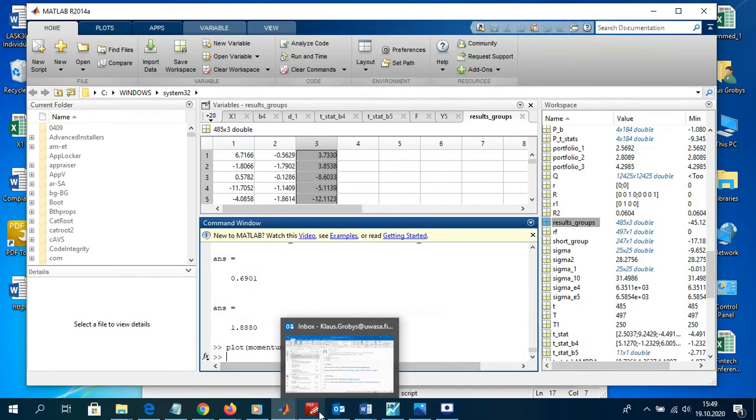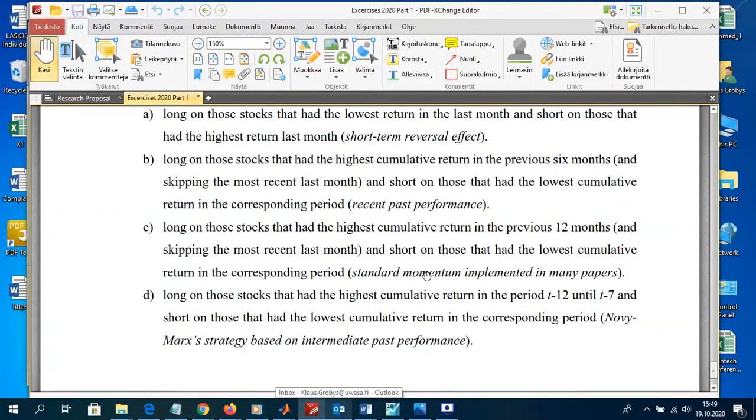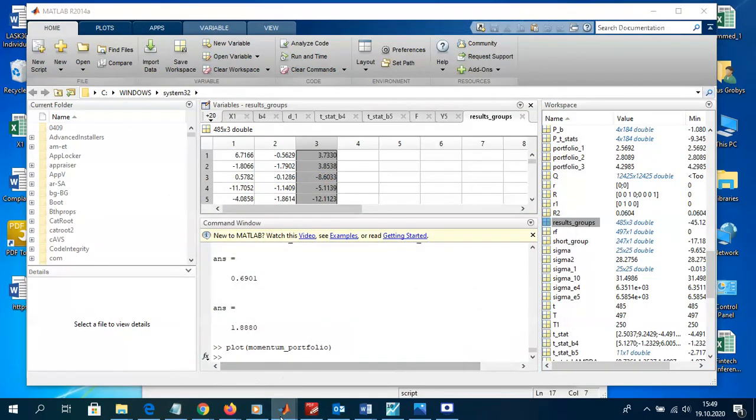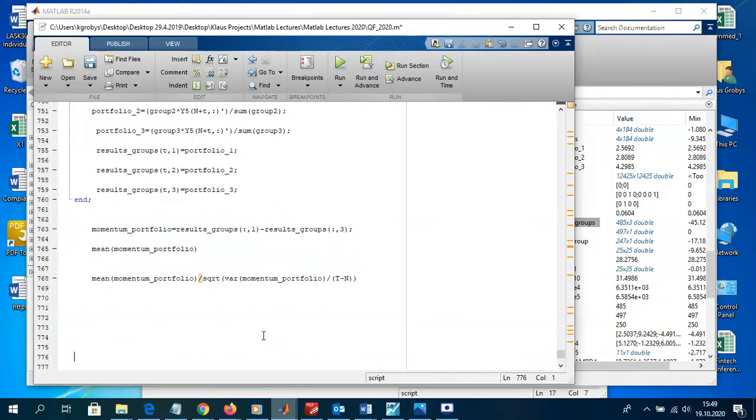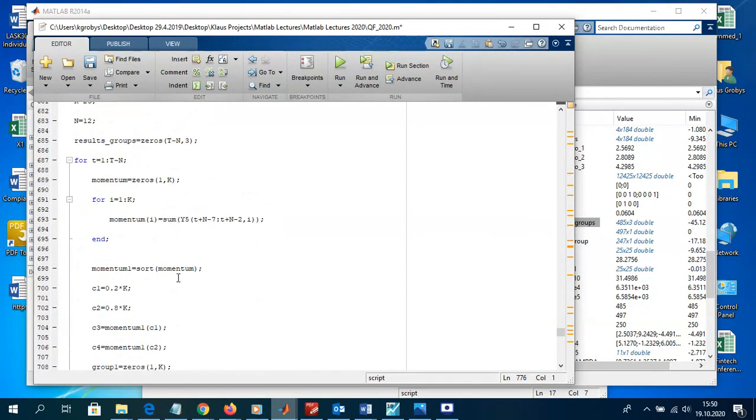So now the next task is to implement the Sumner strategy: long on those stocks that had the highest cumulative return in the previous 12 months, and short on those stocks that had the lowest cumulative returns in the corresponding period. Now we have to change the code again. We take t plus capital N minus 12, right?